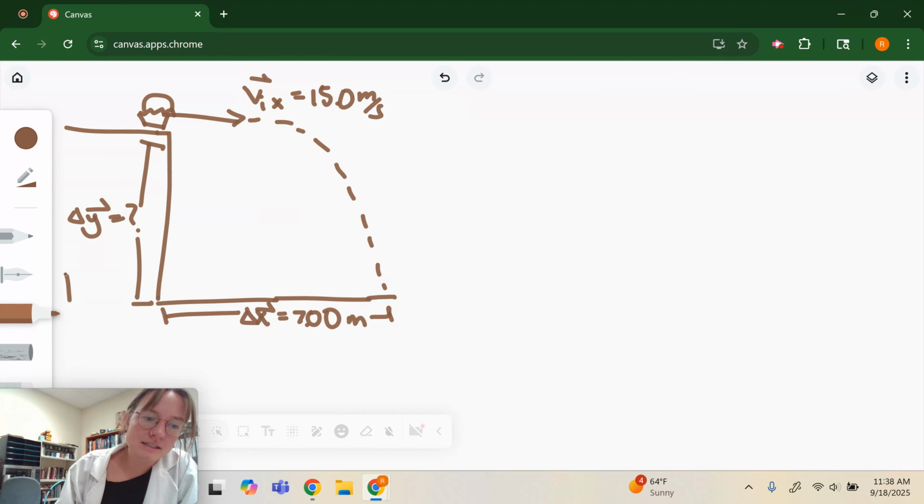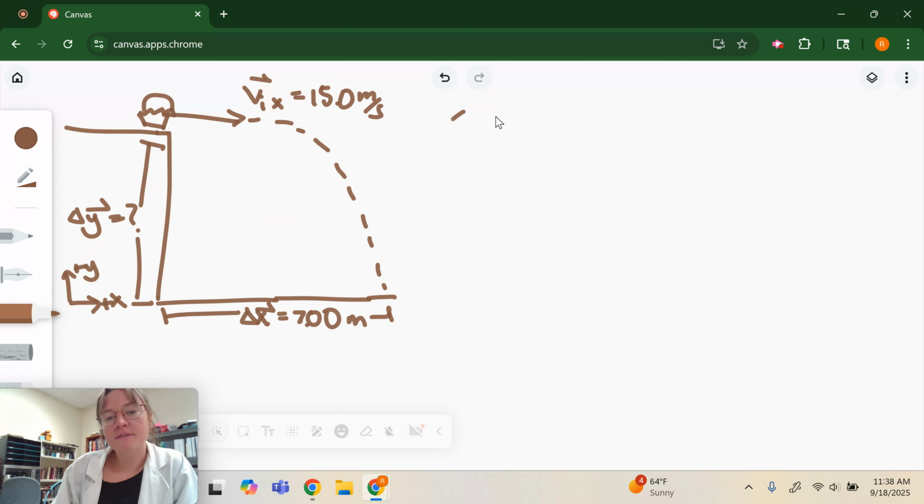Let's say this time that up is positive y for all of you Saxon people, and that to the right is positive x. And now let's divide this up into the x direction and the y direction.